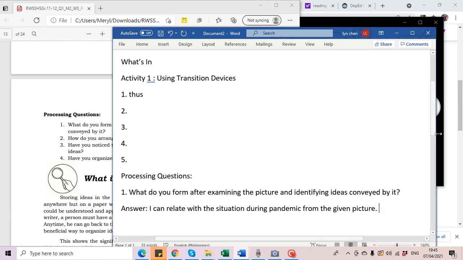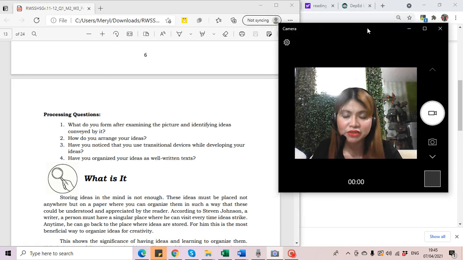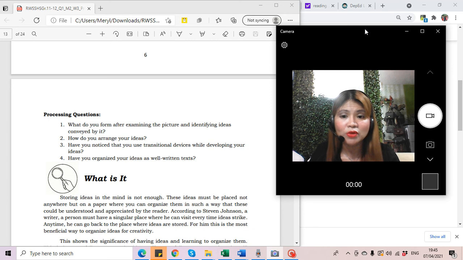Okay. Question number 2. How do you arrange your ideas? Remember the previous module. So we arrange ideas chronologically, in a spatial manner, and so on and so forth. Okay, number 3. Have you noticed that you use transitional devices while developing your ideas?